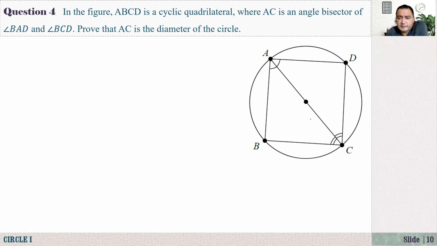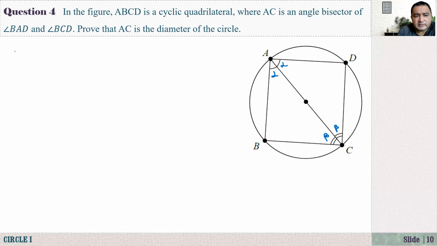Since AC is a bisector of BAD, suppose that this angle is alpha. Then this angle should also be alpha. And angle BCA, let's say that angle is beta, and this angle is also beta. So if I show that alpha plus beta equals 90 degrees, that shows that angle B is 90 degrees.